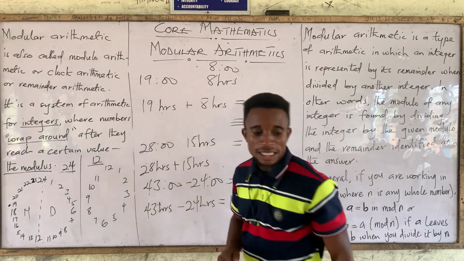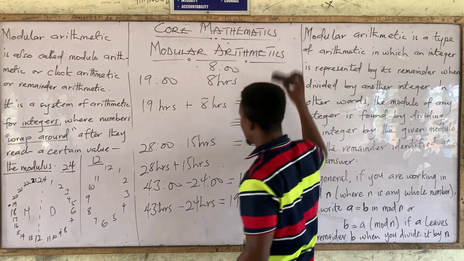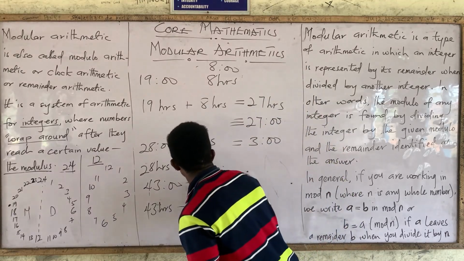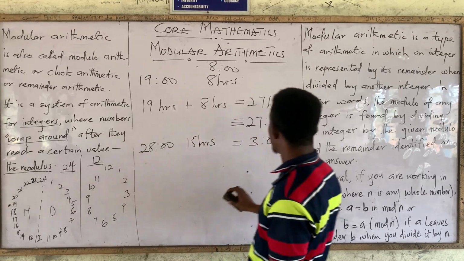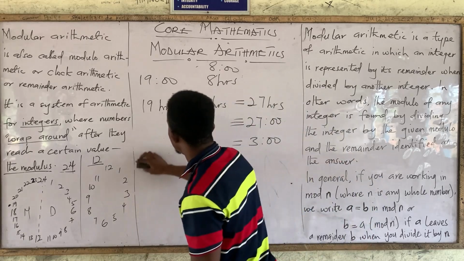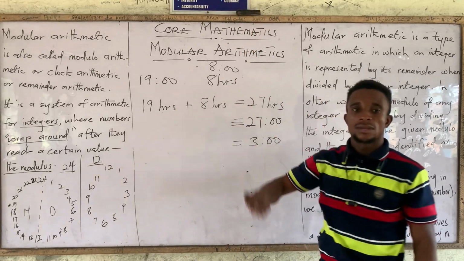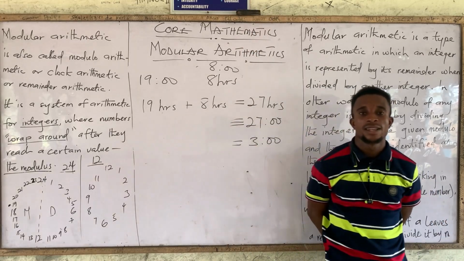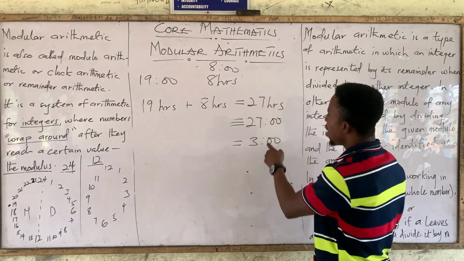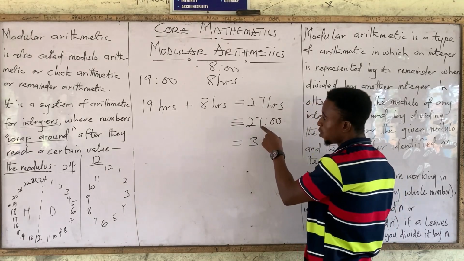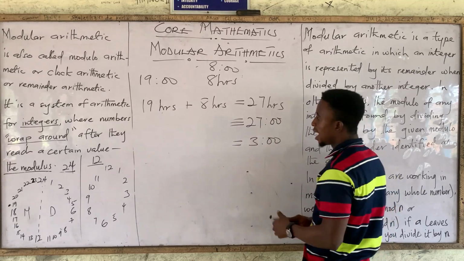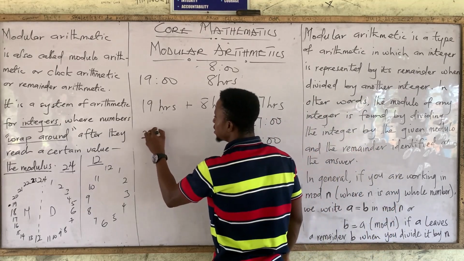So let's see mathematically. Mathematicians sat down and, based on this particular idea, brought in modular arithmetic. So let's see something. All that we were saying here from the 24-hour clock to get us this particular 3 is that we had the 27.